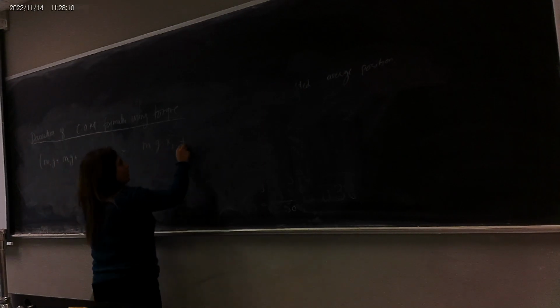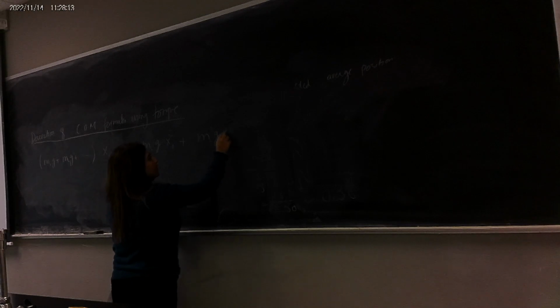So the total torque of all the points, M1G, M2G, and so on, multiplied by XC, would be equal to the individual torque of each mass particle, and so on. They should be equal to each other. Do you see the difference? For the torque, I have put the G with it.